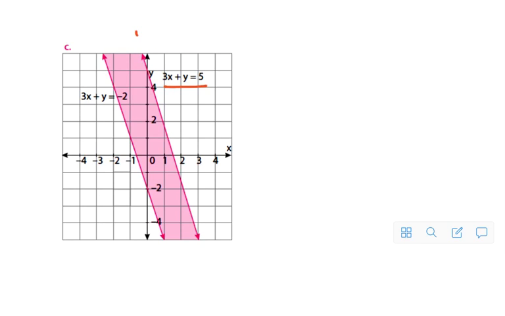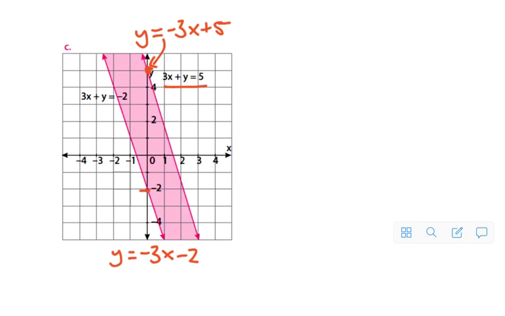If we convert them to slope-intercept form, then that makes it a little bit easier. So let's make y the subject and say y is equal to minus 3x plus 5 is this equation here. And this one here is going to be y equals, same slope, minus 3x, and this time minus 2. So the only difference here is the y-intercept is at 5, and for this one the y-intercept is down at minus 2, so the same slope.